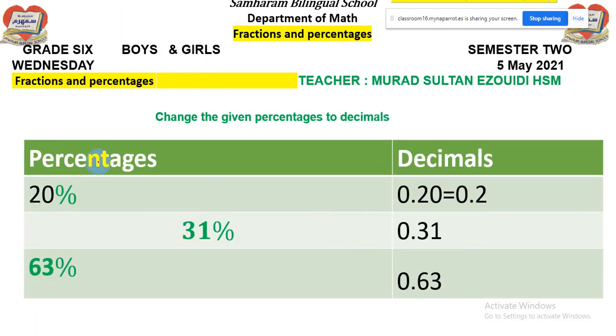Here you can write the question: convert or change the given percentage to decimals. 20%. You will write first percentage, this is percentage, then this one is decimals.